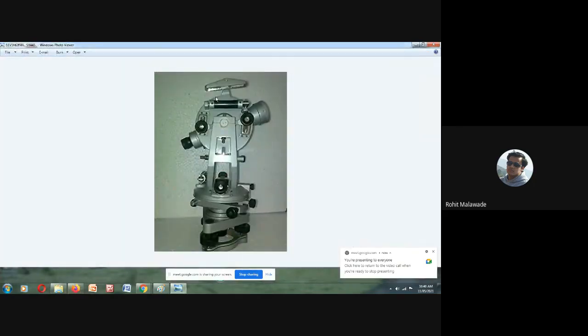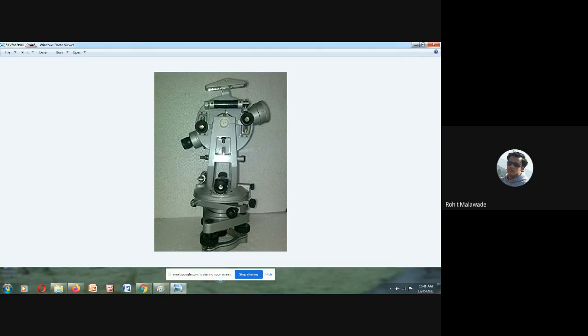Here, this is your vertical circle bubble. The horizontal circle bubble is over here. So whenever you level it by adjusting all the 3 screws, you need to see whether your vertical bubble is exactly horizontal or not. Your bubble will come at the center if it is properly leveled.